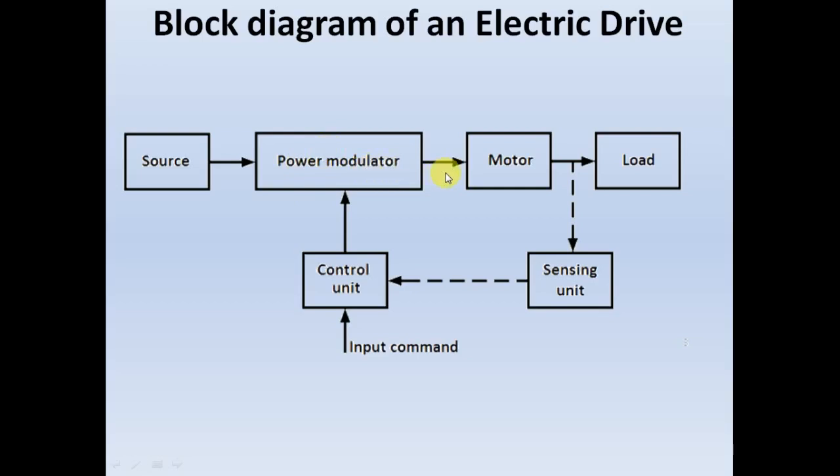Hence thereafter, no supply will be given to the motor. Literally we can say that whenever a faulty condition occurs, this control unit will act as a trip circuit for both the power modulator as well as the motor. Thereby it provides a protection circuit for both. Hence we can say that this control unit is actually an inevitable part of this block diagram.